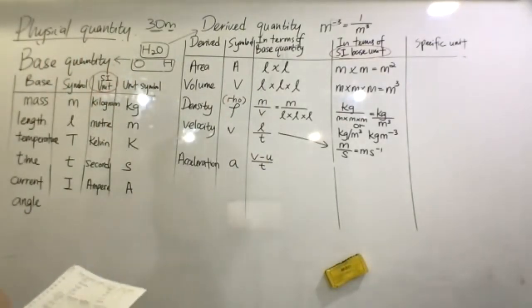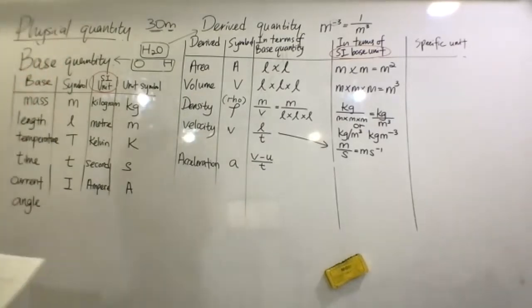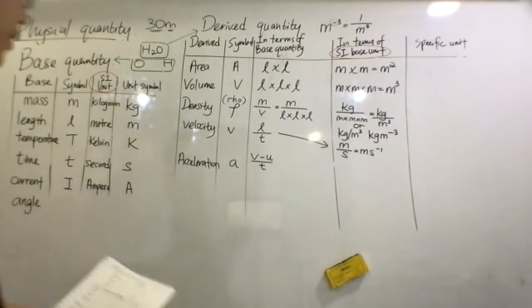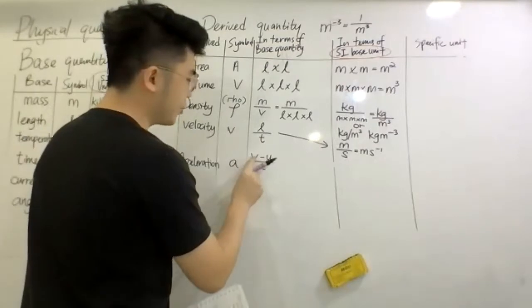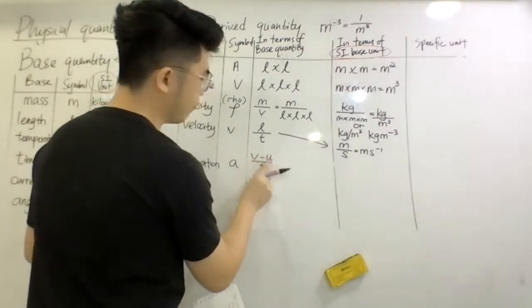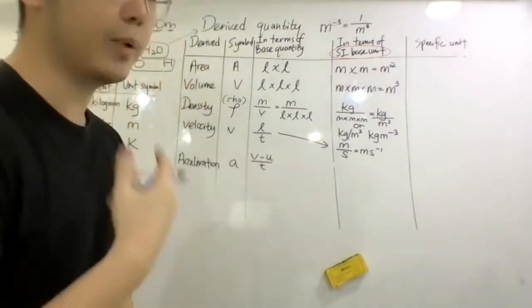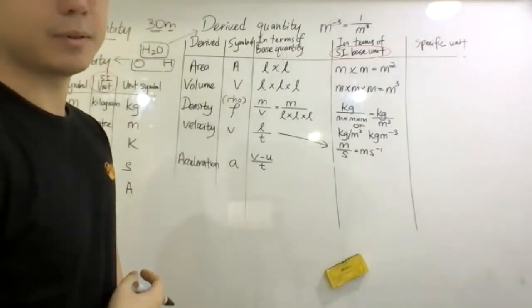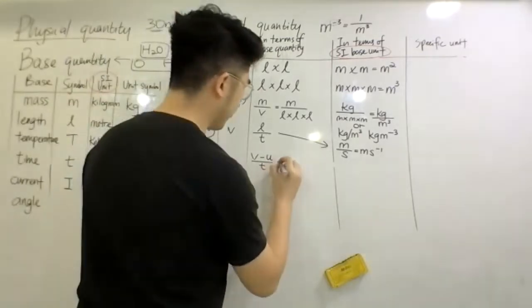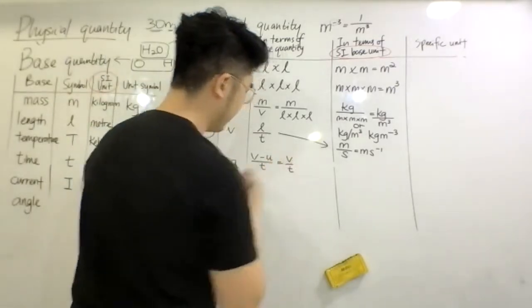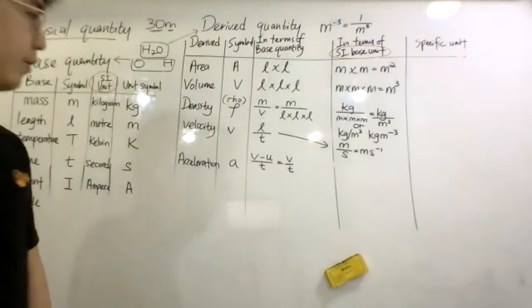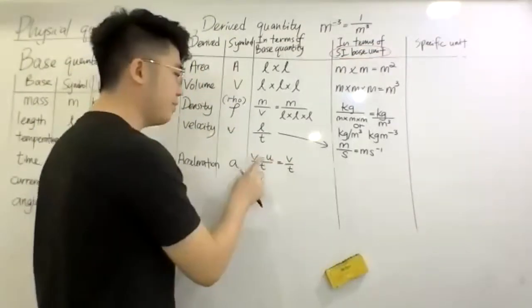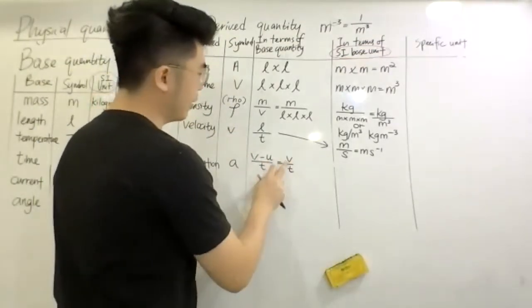Final velocity minus initial velocity over time, right? So here on top is minus, but I'm still subtracting a velocity from another velocity. So in the end, it is still velocity, so I just write it like this: V over T. It doesn't change anything. Velocity minus velocity, you still get velocity.